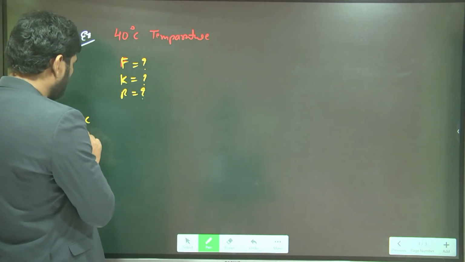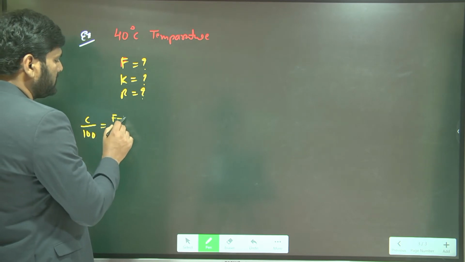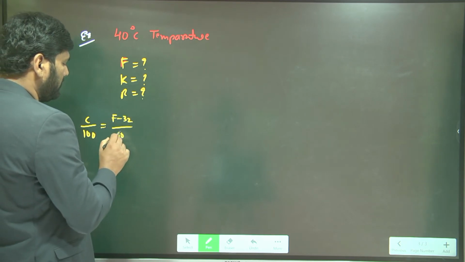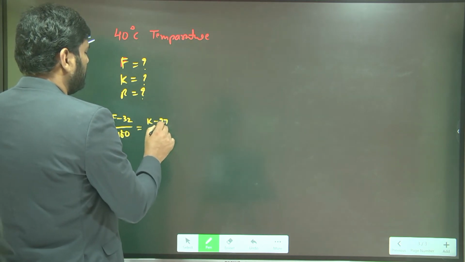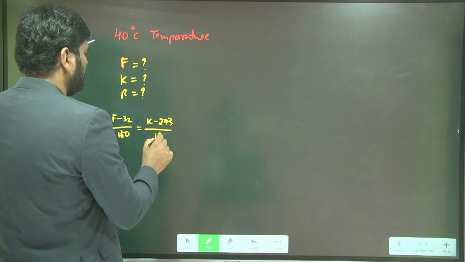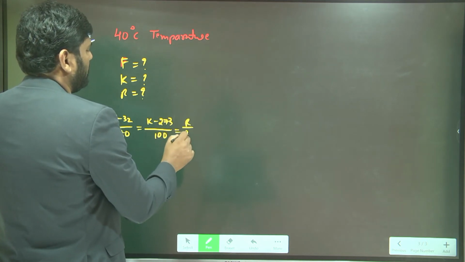C by 100 is equal to F minus 32 by 180, is equal to K minus 273 by 100, is equal to R by 80.